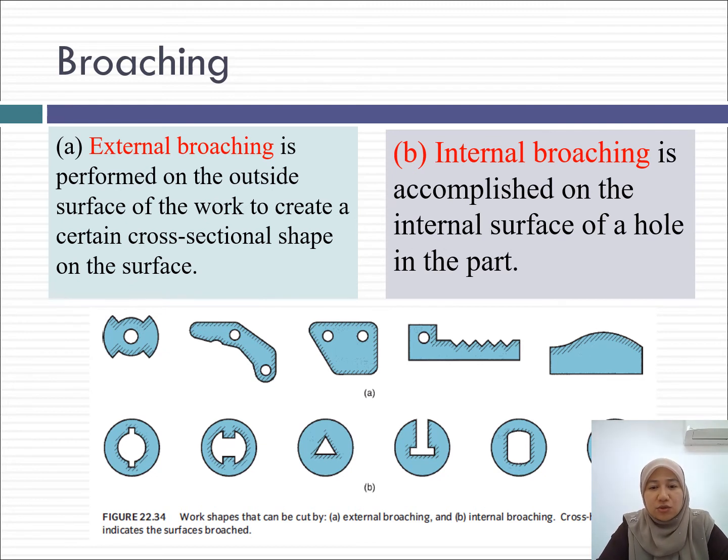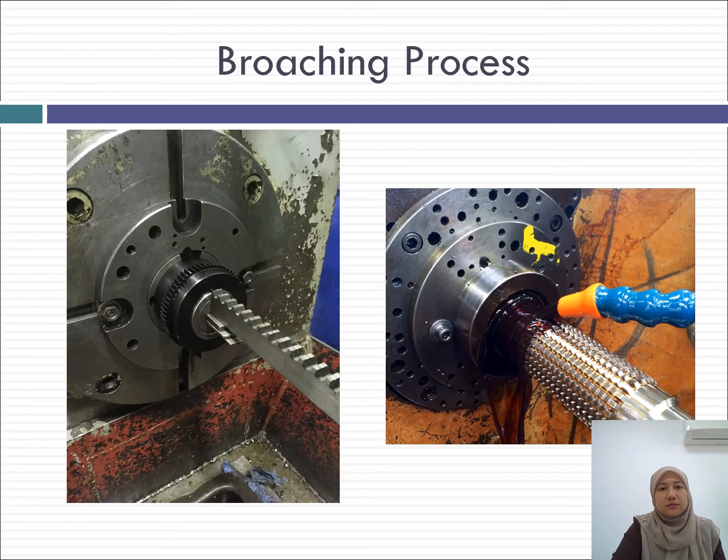Figure A shows an example of external broaching, whereby the cutting operation happens at the external perimeter of the profile or shape. However, internal broaching is for internal shape, without changing the external shape of the geometry. Can you differentiate between figure A and figure B? This is an example of the broaching process. I suppose both figures show the internal broaching process.